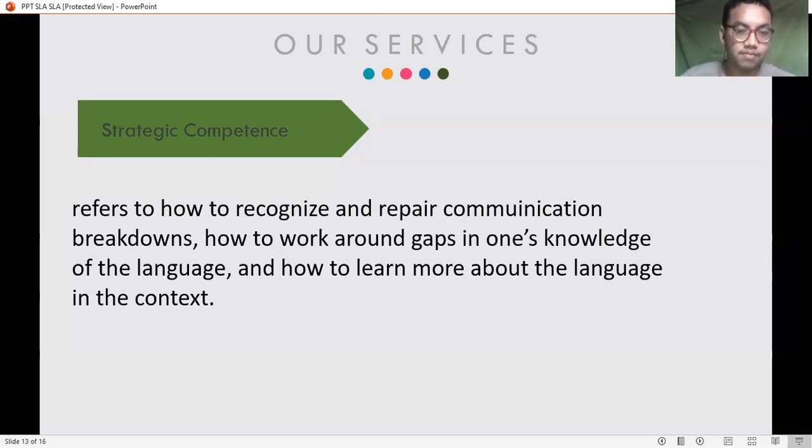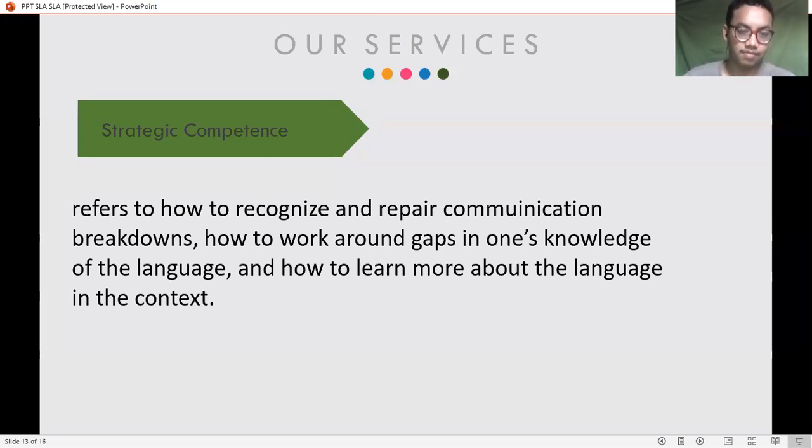If we are teaching language and we want to explain something, we have to make sure that we have a strategy to combine all of the competences, as you can see in the picture that Ajay has explained. Strategic competence combines all of the competences, and it is a strategy to deliver all of the competences.